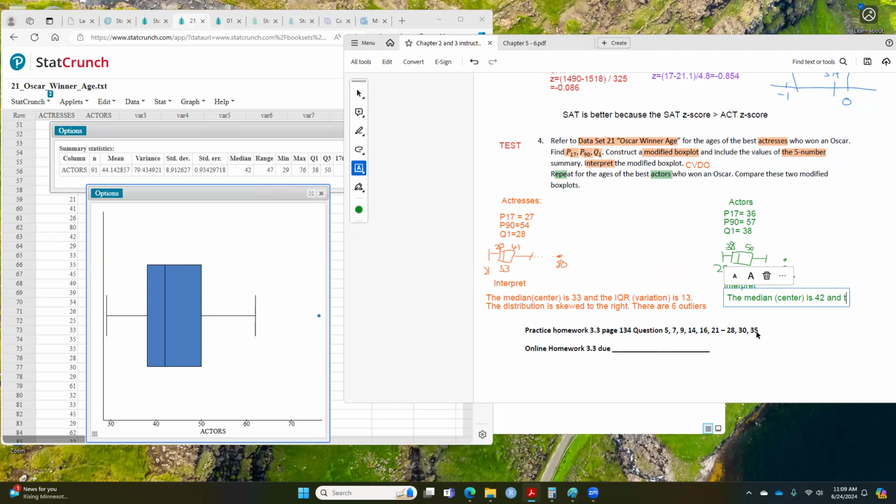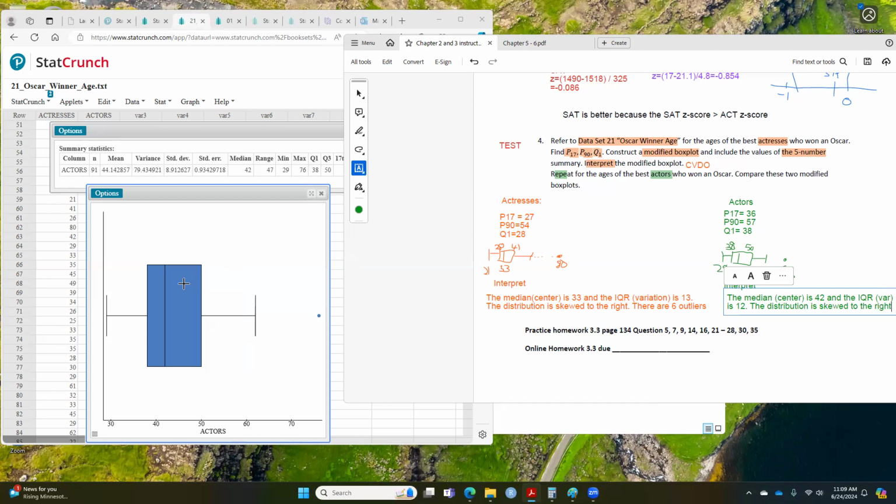And the IQR, which is the variation in this case. If you don't know the IQR, you can subtract Q1 and Q3 or use the yellow box, 12 in this case. The distribution is also skewed to the right due to the outlier.